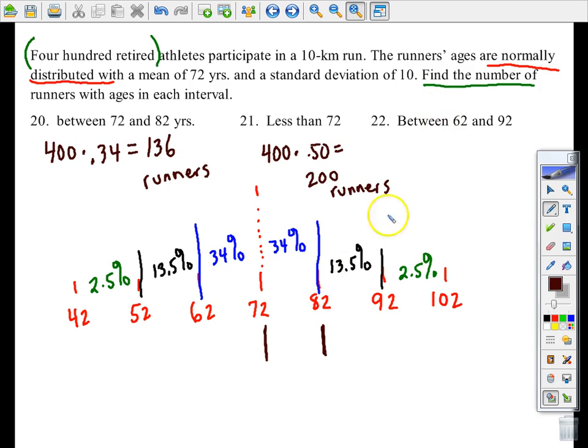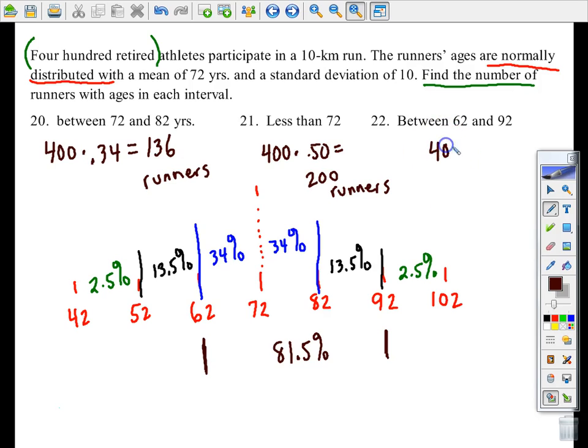Okay, well, let's find the percentage of runners that are aged 62 to 92. All right, so let's just mark off that range, 62 to 92. So between those numbers, we have 34%, 34%, and 13.5%. So if you added all those up, you would get 81.5% of data. 81.5% of my runners are between the ages of 62 and 92.